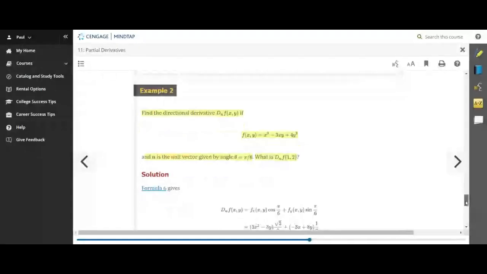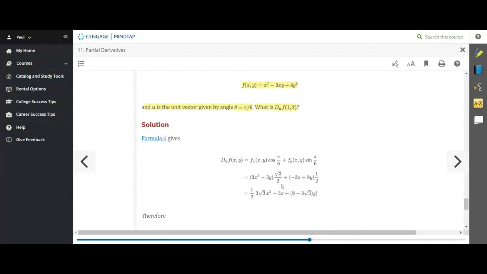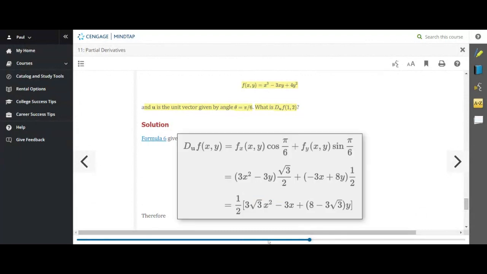The formula is pretty straightforward. Now you notice that when they compute the directional derivative, the cosine of pi over 6 and sine of pi over 6, they have the values in simplified radical form, the form that you've learned in trigonometry.